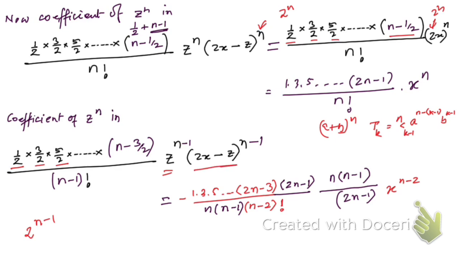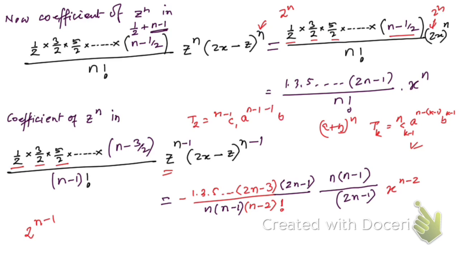So in this expansion, if we apply this formula, we are going to find the second term t2. Instead of n we have n minus 1, and c k minus 1 is c 1 here, because we are taking the second term, 2 minus 1. Then a to the power n, instead of n we have n minus 1 minus k minus 1, that means 2 minus 1, which is nothing but 1, right?